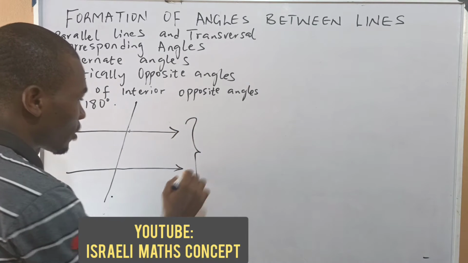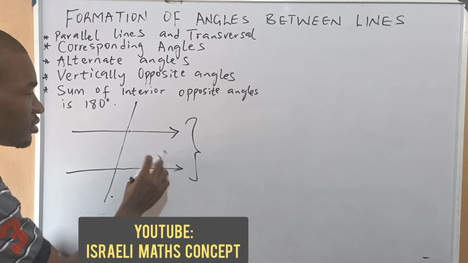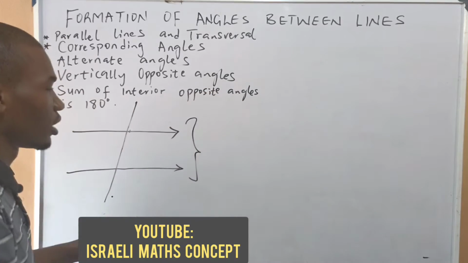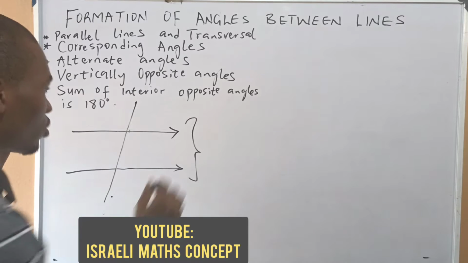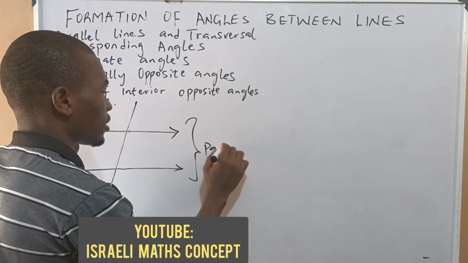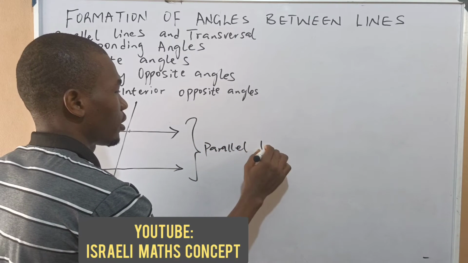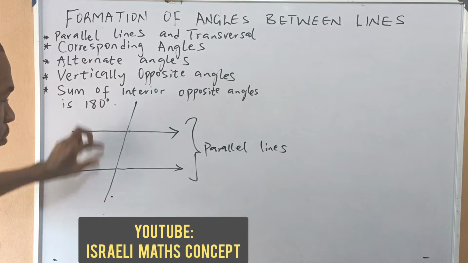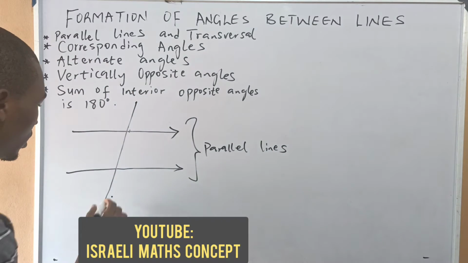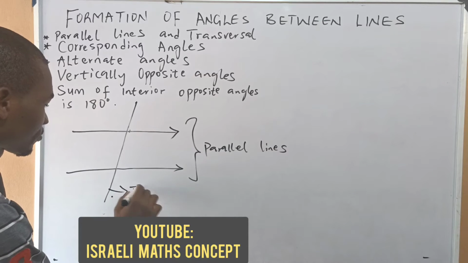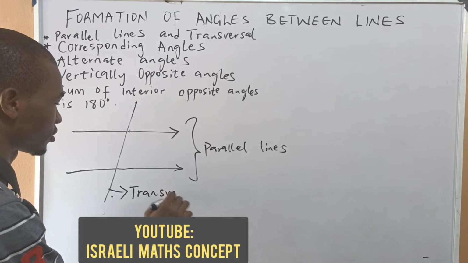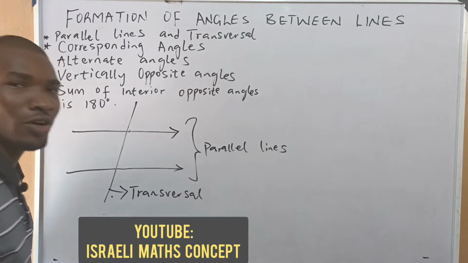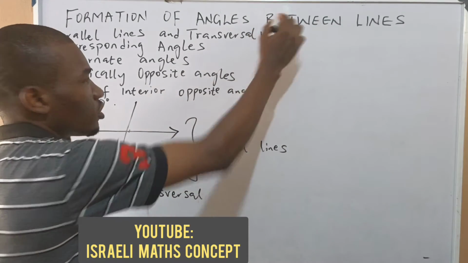So what are we talking about? These two lines that go in the same direction but do not meet each other, we call parallel lines, while the line that cuts a pair of parallel lines, we call the transversal. All right, I guess we are through with the first concept.